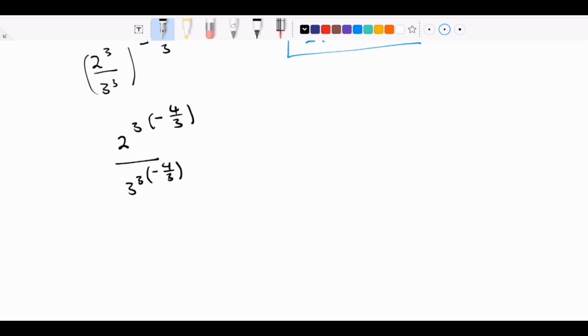Now when I apply the power of a power law, I can see that the 3 and the 3 over there cancel out. The same happens over here. The 3 and the 3 cancel out.